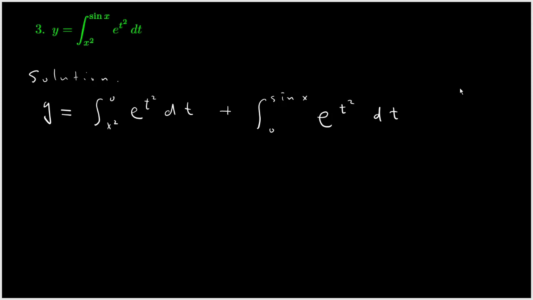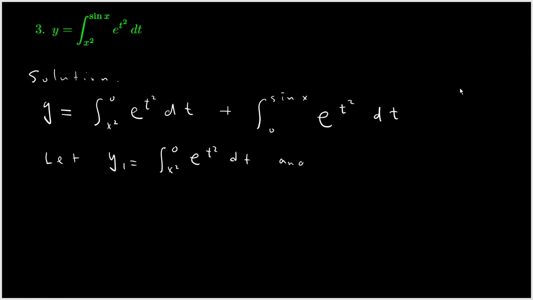If you use that property, the given function y can be written as the sum of two functions. Each of the two functions is a function of x. So I'm going to use y1 to denote the first function, so maybe from x squared to 0, e to the power of t squared, and then dt.